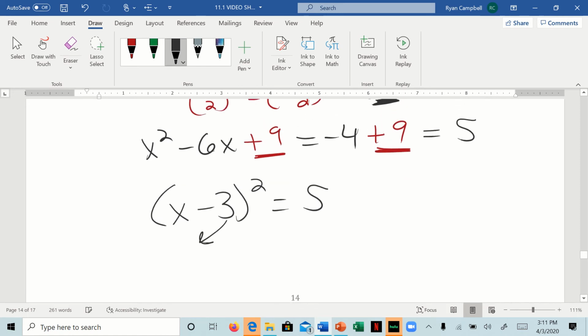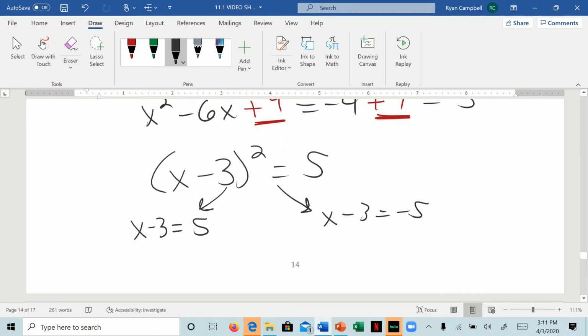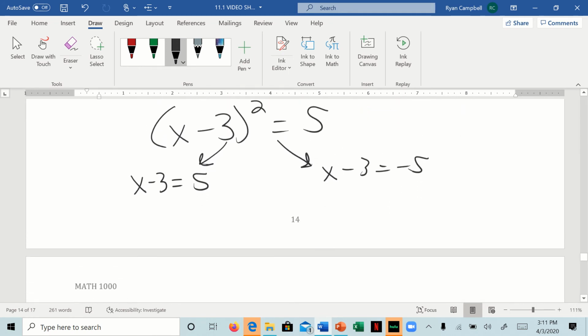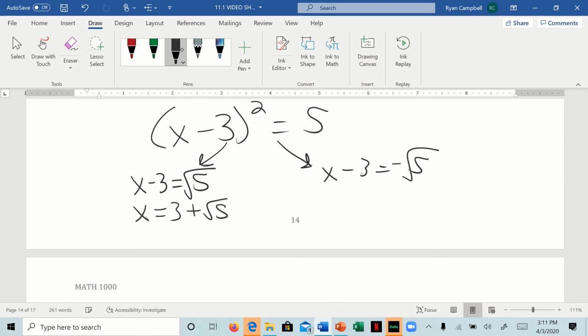So we see that this is going to be x minus 3 equals +square root of 5, x minus 3 equals -square root of 5. Which means that if we add 3 to both sides, that's 3, square root. That should be square root, my bad. So x is 3 plus the square root of 5, and then x is 3 minus the square root of 5.